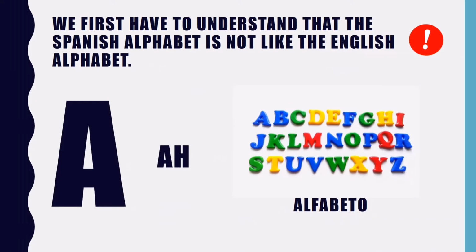So basically, the Spanish alphabet is not like the English alphabet when it comes to pronunciation, and we're going to see that today. So the first letter is A, and we pronounce it A. You can repeat after me if you want to practice. The word where we can use the letter A is alfabeto, which means alphabet.